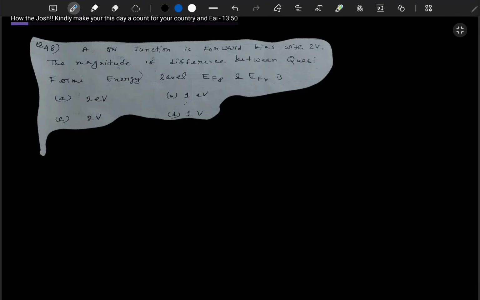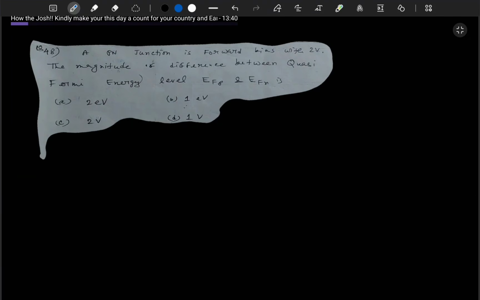Now be quick. The PN junction is forward biased with 2 volt.